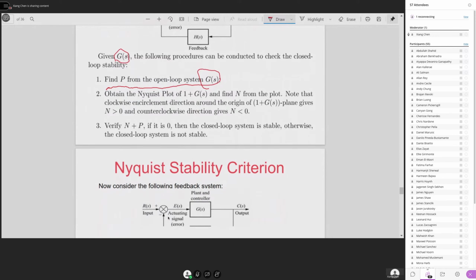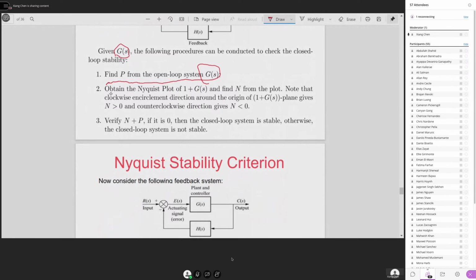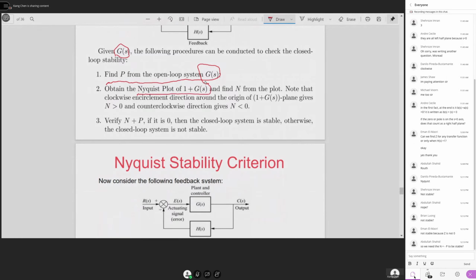Step 2 is that you draw the Nyquist plot. The purpose of drawing the Nyquist plot is that we want to find the information of N from the plot. I don't care about the shape once again, I only care about the encirclement. Once you draw the plot, N is going to be the net encirclement around the origin.